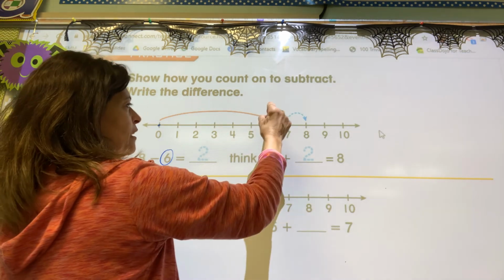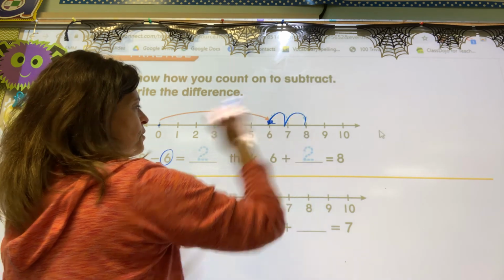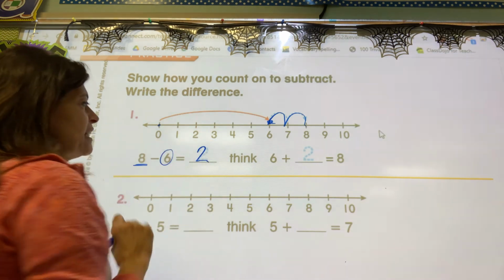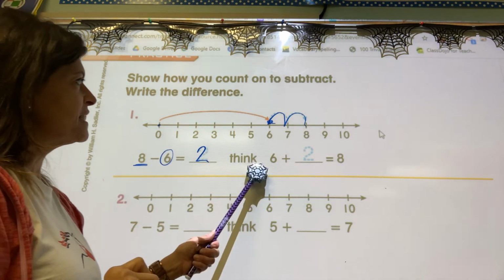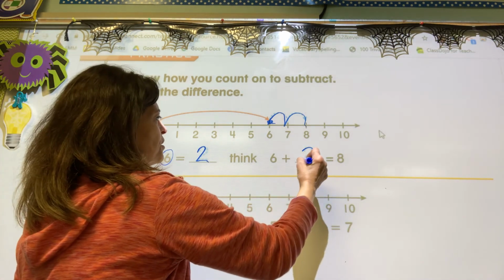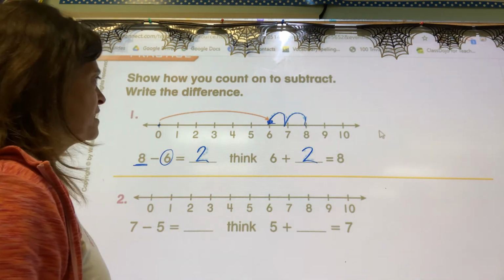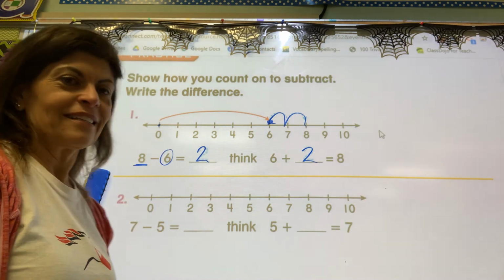We're going to count on and go up to 8. So 1, 2. We counted on 2. So 8 minus 6 equals 2. So think of 6 plus 2 equals 8. So you're counting on to find what your answer is.